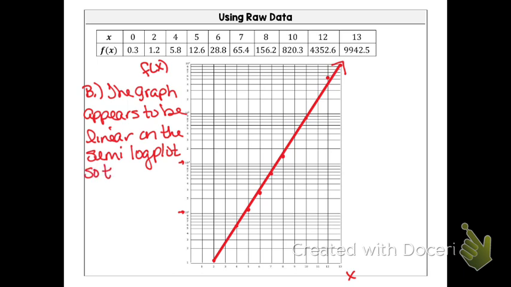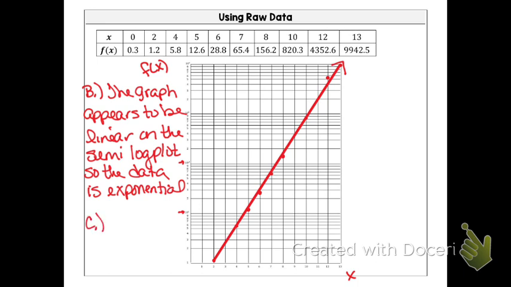So the data is exponential. All right, so exponential data will appear linear on the log plot. And it has to do with the fact that exponentials and logarithms are inverses of each other, and they are reflections across the line y equals x, which is linear, okay?